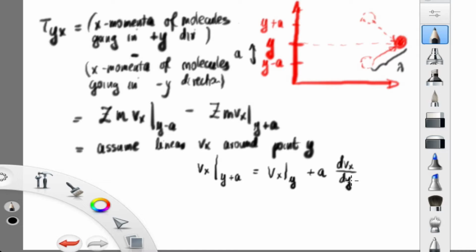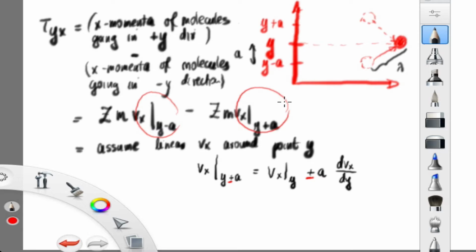So essentially this is my Vx at y plus a, and same thing if I had a minus in there. So if I had a minus here, I would just have a minus here. Now I replace these two.